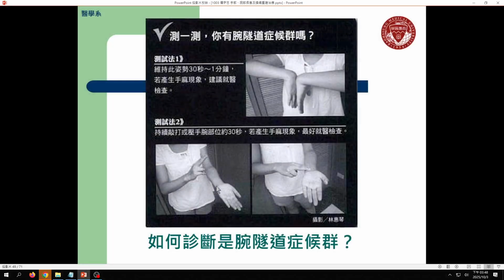Then you can percuss it, the Tinel sign, or just use the Phalen test. If within 1 minute it causes numbness of the fingertip, that means maybe it's carpal tunnel. Because in this position it increases the pressure around the tunnel, compresses the nerve, and causes the numbness.